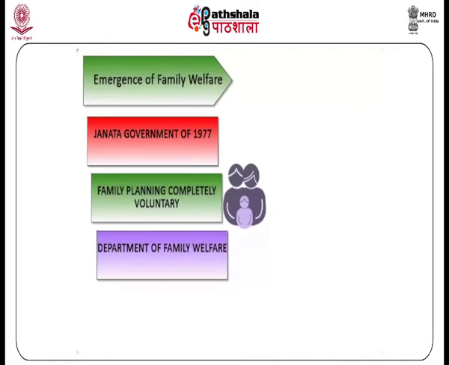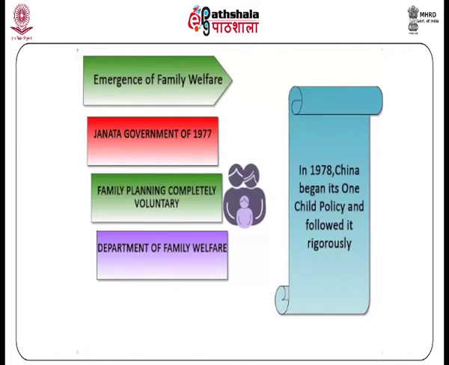Not to speak of compulsion, even the setting of targets and offering of incentives have gone. It may be observed here that in 1978 China began its one-child policy and followed it rigorously.